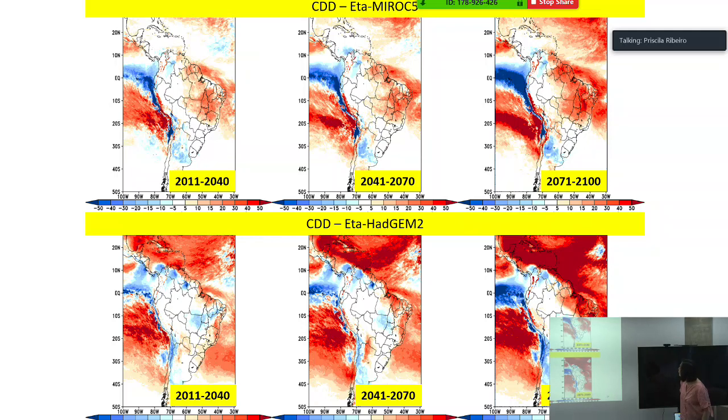So this is another one I put here, like a CDD, consecutive dry days. So in red are the areas where the consecutive dry days will become longer and longer. And the blue are areas where they will be shorter. And the top and the bottom, I mean, it's different.